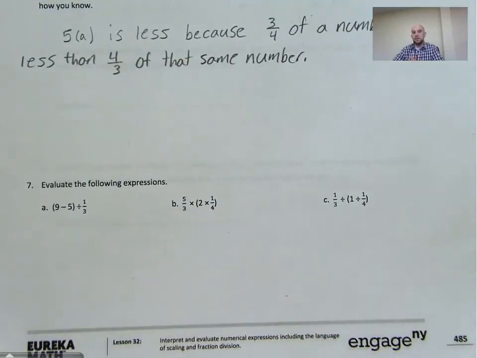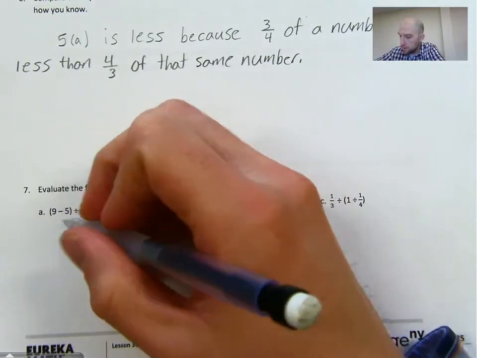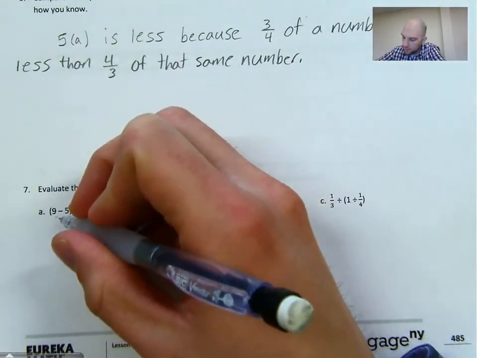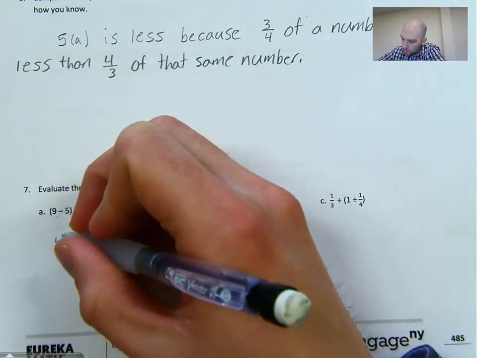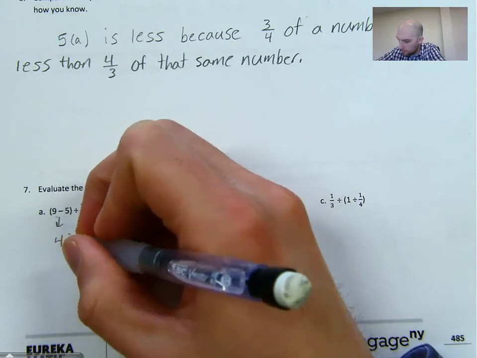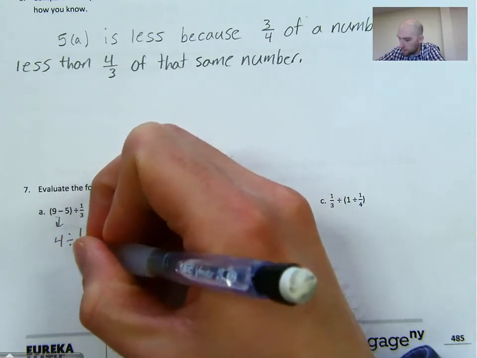All right, so now it's asking us to evaluate these expressions. Now we're actually going to go ahead and solve. We always want to do our parentheses first. So we have 9 minus 5. This is going to give us 4. Then divided by 1/3.